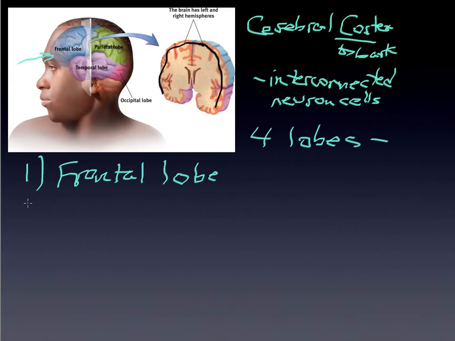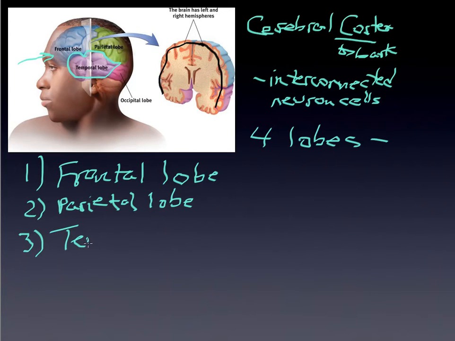Then the parietal lobe runs along the top of our head, and it contains a variety of interconnections, which we'll look at when we talk about the motor cortex and the sensory cortex. The temporal lobes are the area right up in here, on the side near the ears.